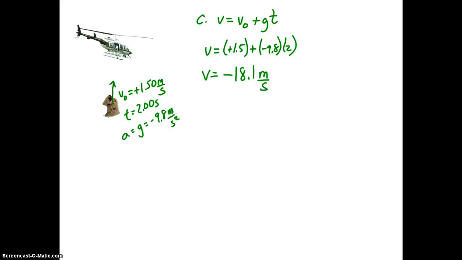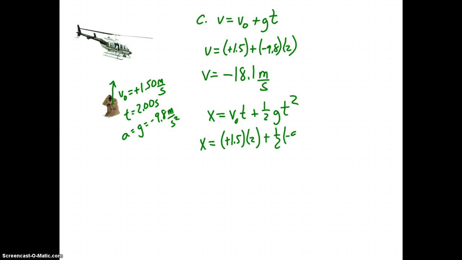All right, now we're going to go ahead and do the distance part, repeating the same. x equals v0 t plus 1/2 g t squared. Positive 1.5 times 2 plus 1/2 negative 9.8 times 2 squared.